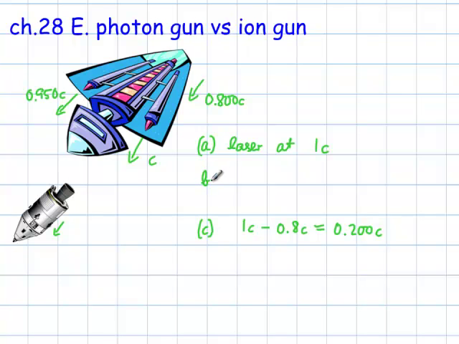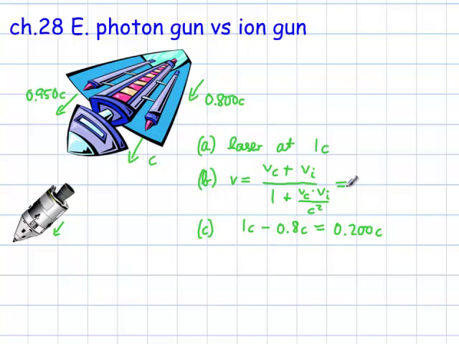Okay, then this part here would have to be calculated with v equals v of the cruiser plus v of the, let's see, this is the ion gun, divided by 1 plus v of the cruiser times v of the ion gun divided by c squared.